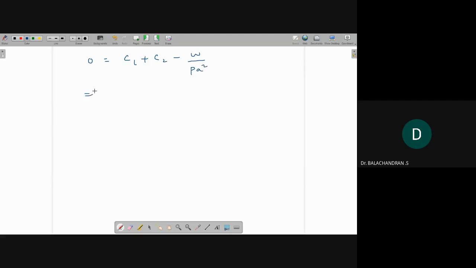So this implies C1 plus C2 equal to omega by p a square. This is equation 4. So up to this, I think you should have got it. Is it correct up to this equation? Yes, okay.